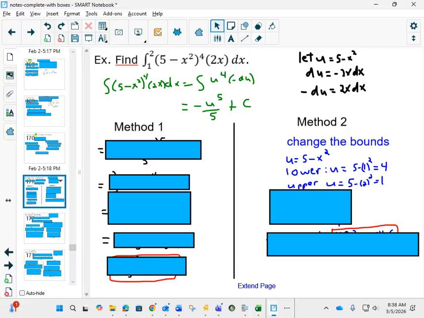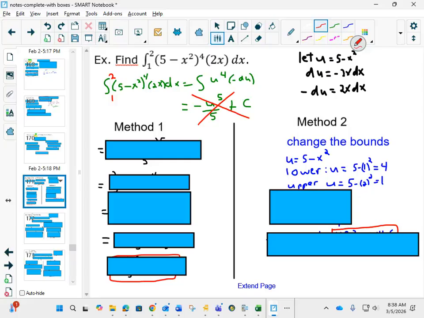Now, personally, I need this for method 2, but I actually wouldn't even do this. I would probably start with keeping my numbers 1 and 2, because that's what I started with. Then I would do my substitution and change my bounds.